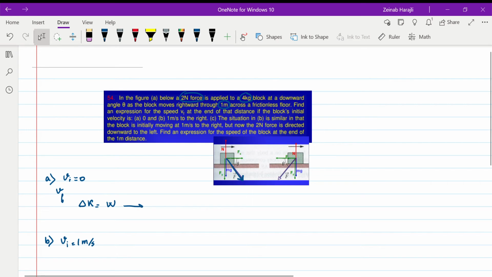And so we can substitute our equation to be K final minus K initial equals the work done by this applied force. Now the final kinetic energy has an expression of half mv squared. The initial kinetic energy is just 0 since the initial speed is 0.